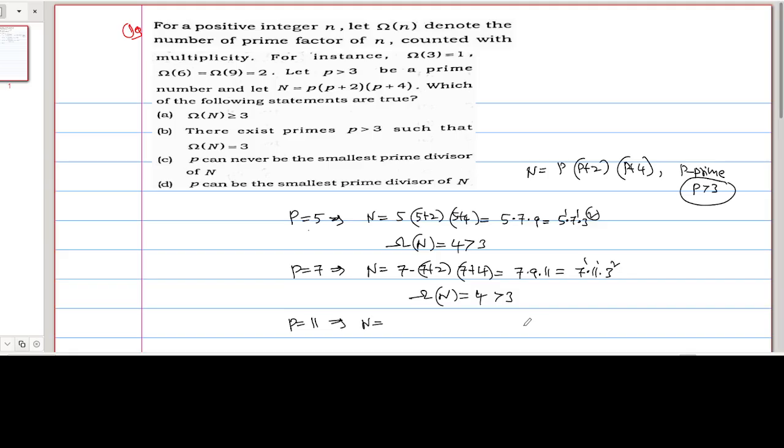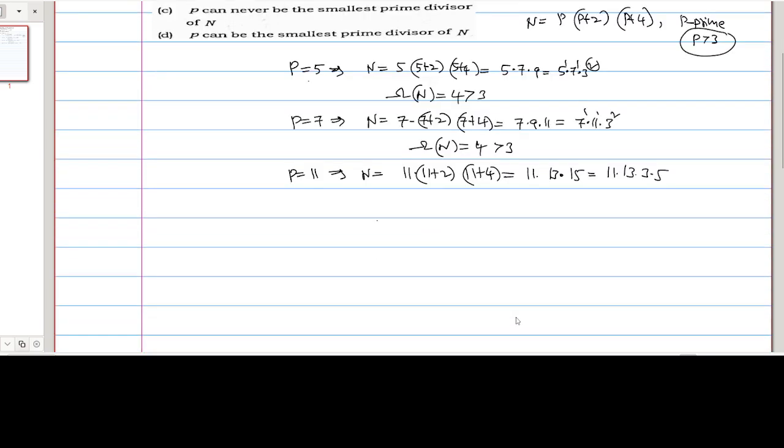Therefore n equals 11 into 11 plus 2 into 11 plus 4, which is exactly 11 into 13 into 15. That is exactly 11 into 13 into 3 into 5. Therefore omega of n is 4, again bigger than 3.